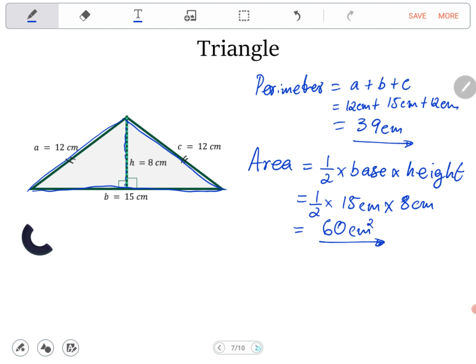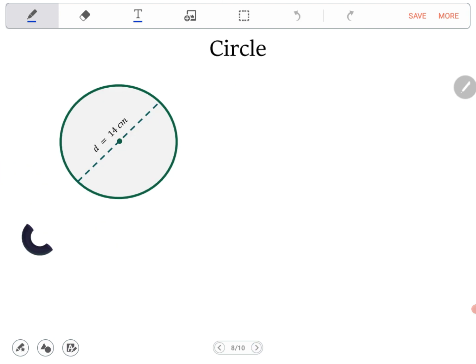All right, next let's look at the circles. Now a circle, instead of perimeter, with a circle we actually calculate the circumference. So a circle has a special perimeter called the circumference.